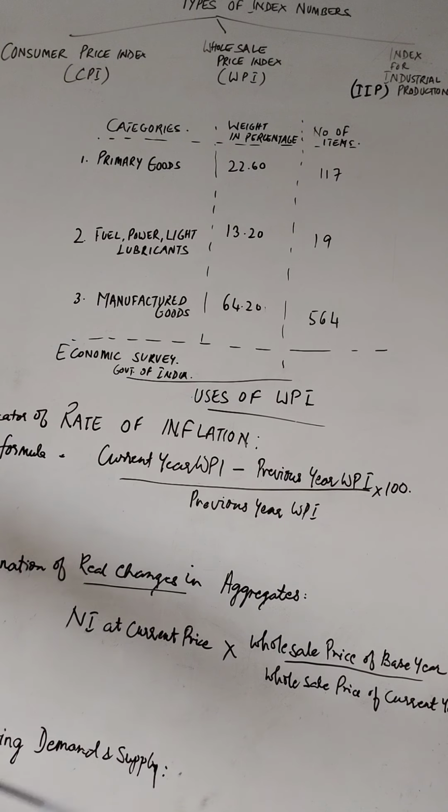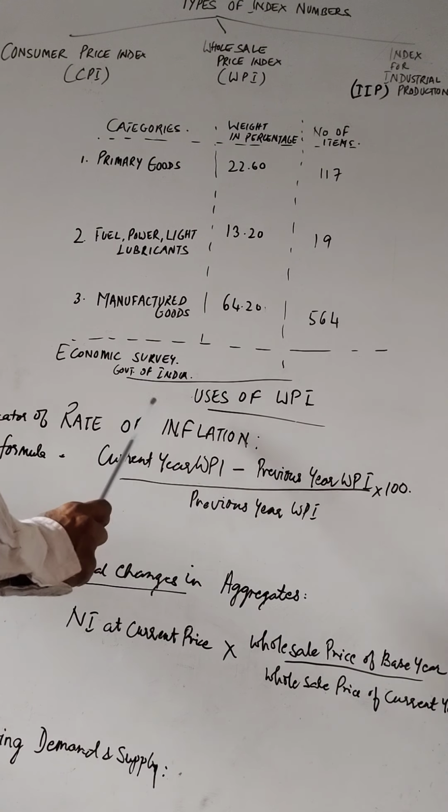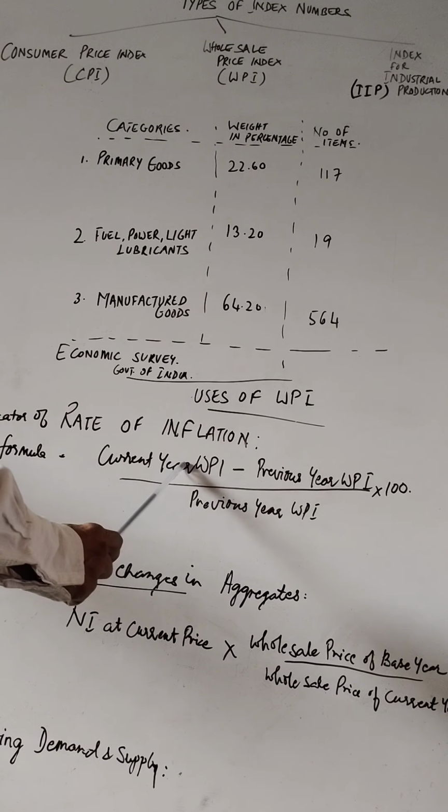On the other hand, what if the wholesale price index falls, what does it point out? What does it show? Yeah, it shows a situation of excess supply over demand for goods. So you can get a question as to true or false based on this. Okay, so once again, it is an indicator of the rate of inflation.